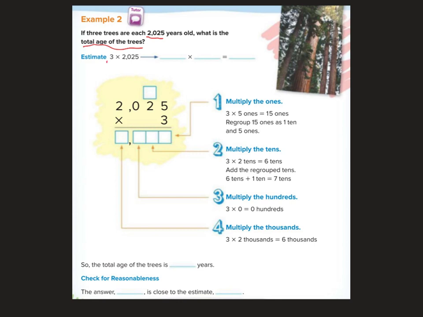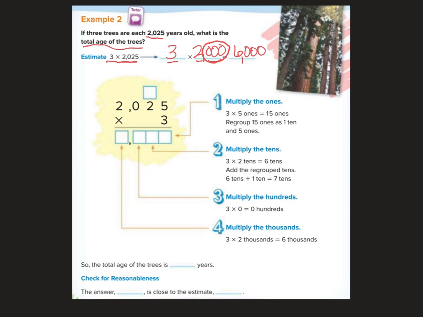So I need to do 3 times 2,025. If I was going to estimate, I would do 3 times 2,000, because 2,025 is pretty close to 2,000. So 3 times 2 is 6, and then I've got my 3 zeros there. So 3 times 2,000 would be 6,000.